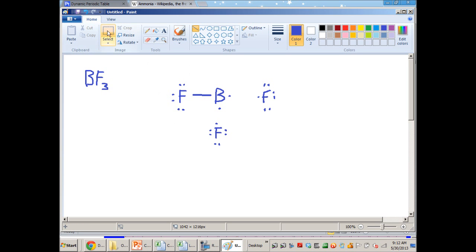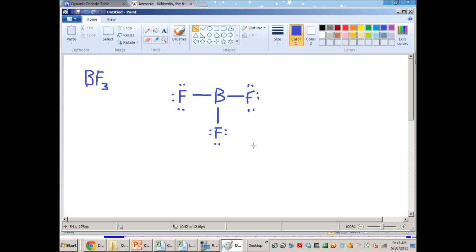So I can just keep drawing bonds here. I could fill the octet of this fluorine by taking those 2 electrons I just erased and drawing them as a bond. And I could fill this fluorine's octet by, again, erasing these 2 electrons and drawing them as a bond. Okay.